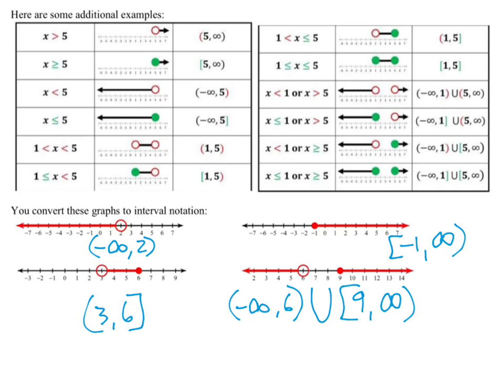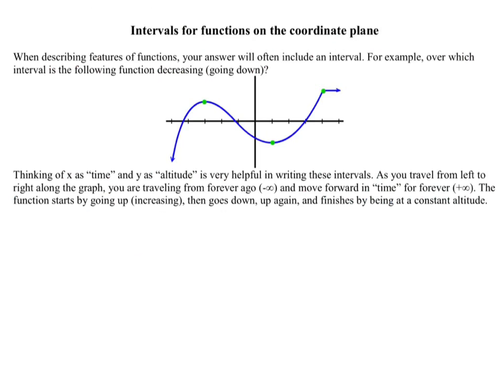So now that you've had this overview of just interval notation, we are going to move on to interval notation for functions. So with functions, you're not dealing with just a single number line, you're dealing with 2. So you have a vertical aspect and a horizontal aspect to all your graphs.